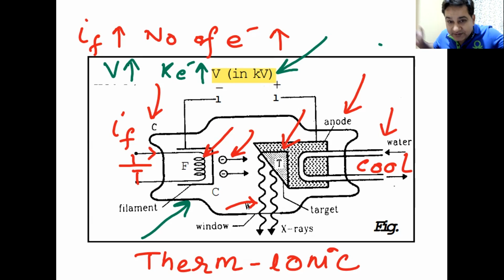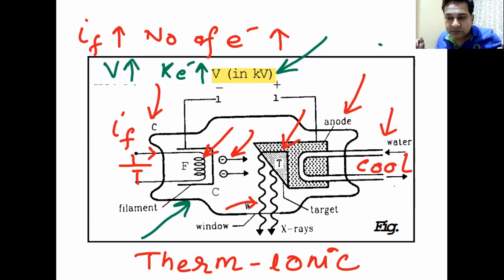Do we understand this? Yes, sir. Then come to the second thing. There also we had kinetic energy, or energy of photons. Energy of photons depends on the frequency of photons.